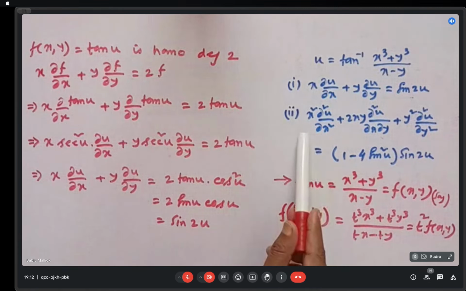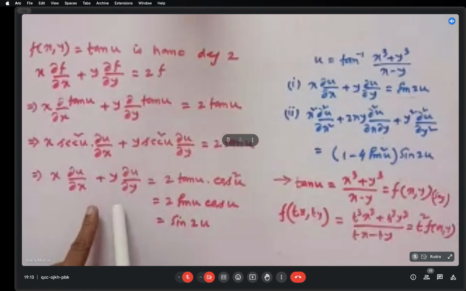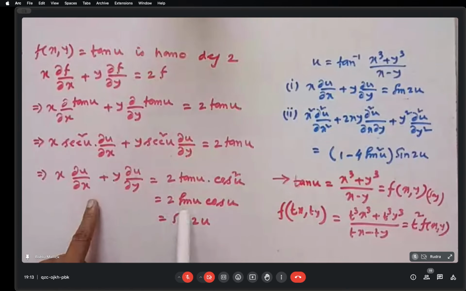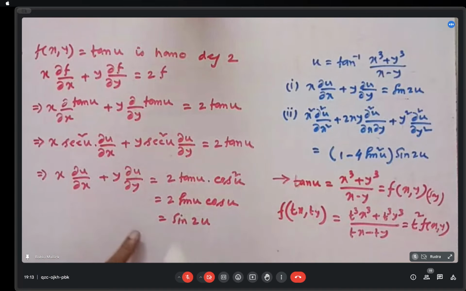For the second part, yes, say. Sir, in the first line, what is written next to f x y? It is tan u equals x cube plus y cube by x minus y. What is written at the end? Can't hear, what do you want to know? Sir, can you please say that line again? Which line? The first line, sir.